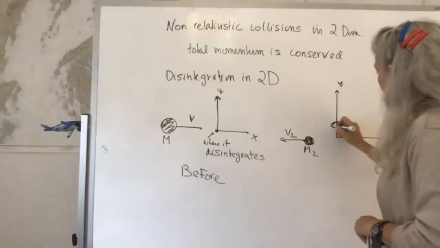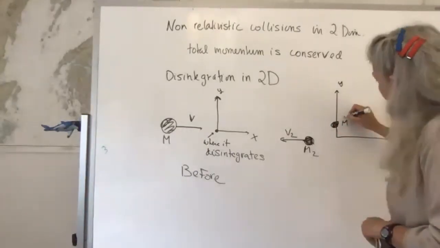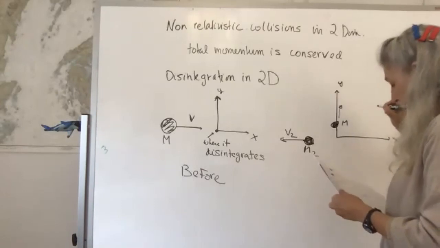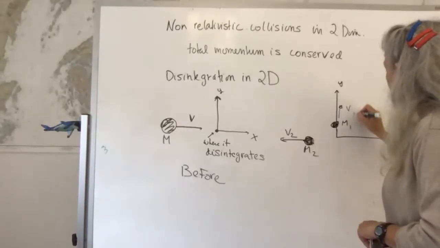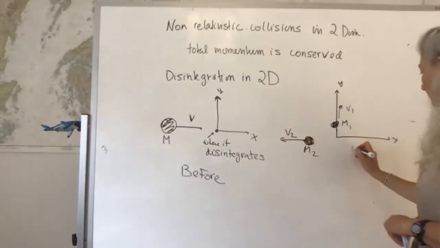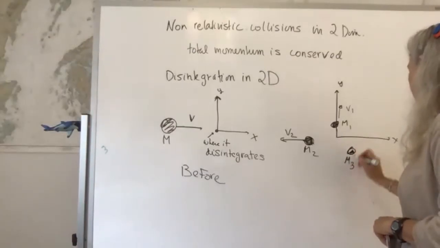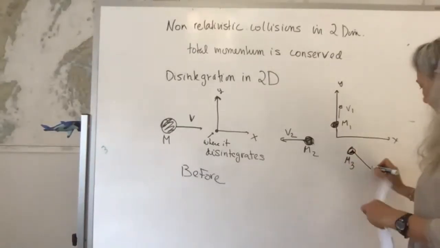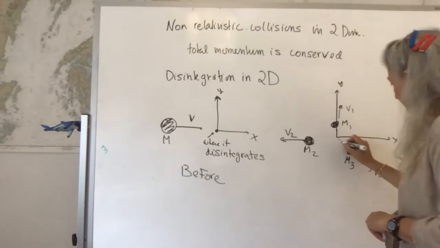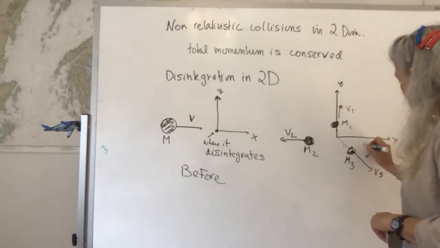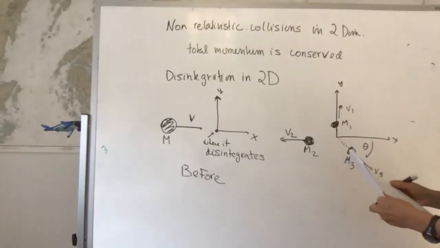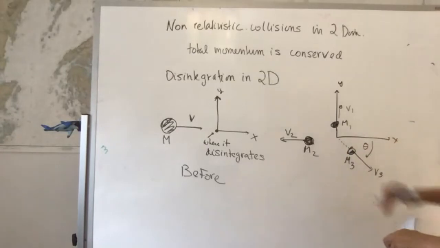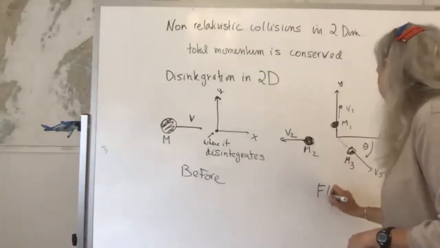We've got an M1, and M1 is going vertically with V1. And we have another particle, M3, going out with velocity V3 at angle theta. So this is final.